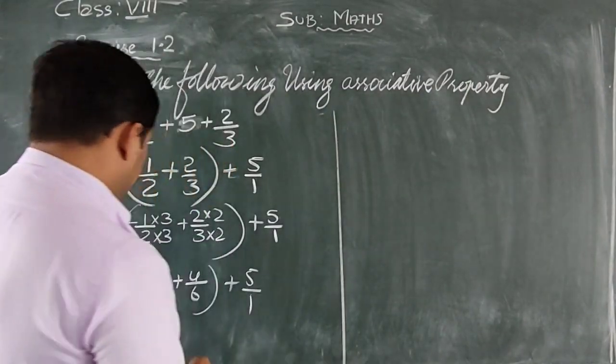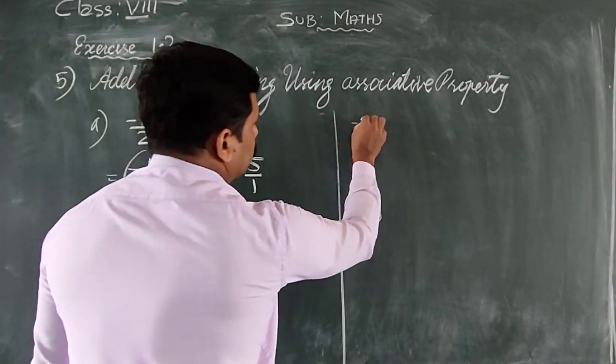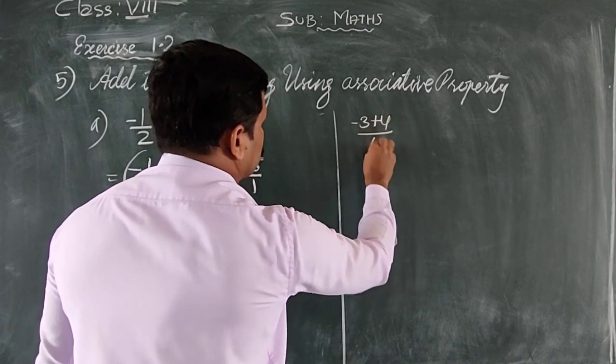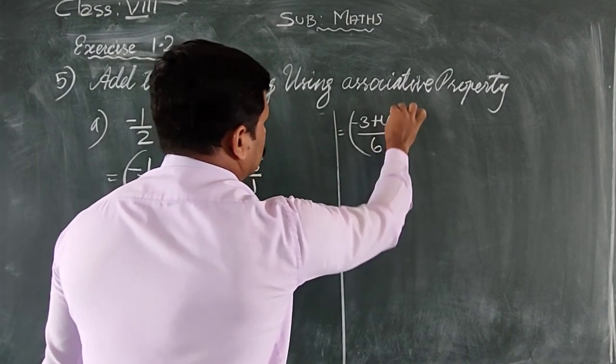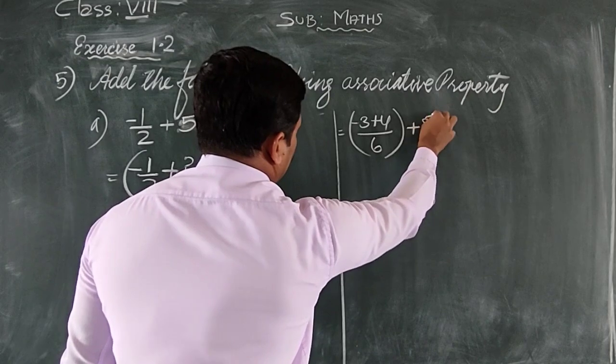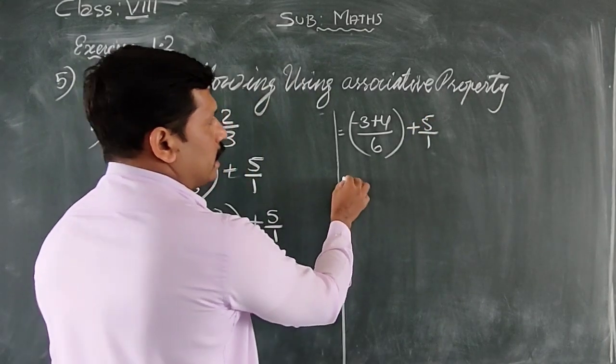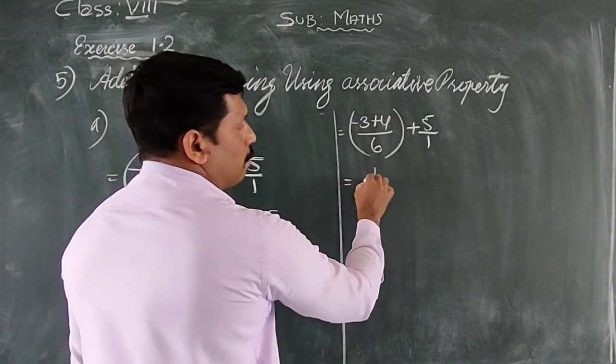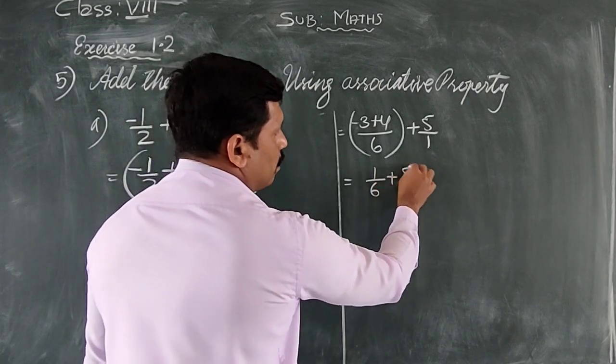Then again here negative 3 plus 4 upon 6 plus 5 upon 1. That is again equal to 1 upon 6 plus 5 upon 1.